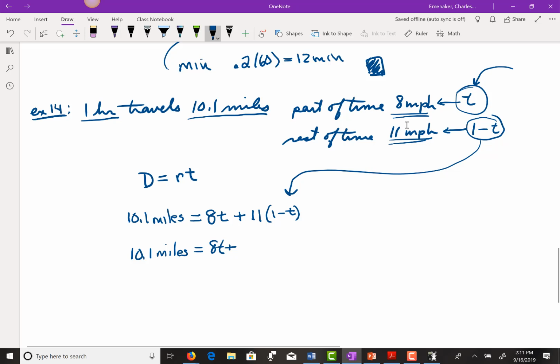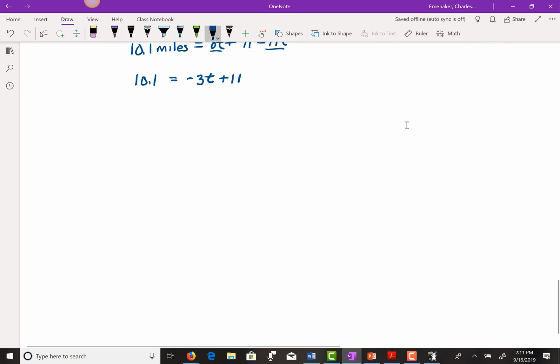So we're going to get 11 minus 11t. We have the 10.1 miles equals, well, let's see, 8 minus 11 is a negative 3t plus 11. Everybody good so far?